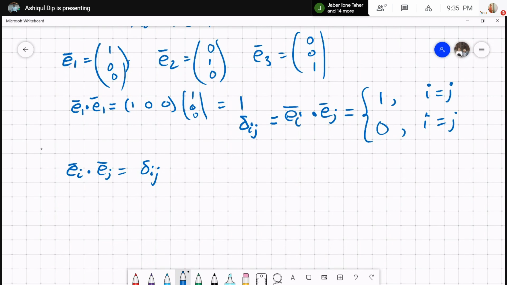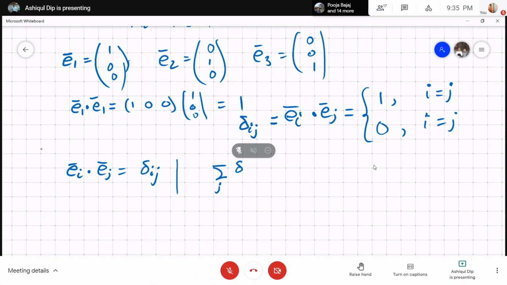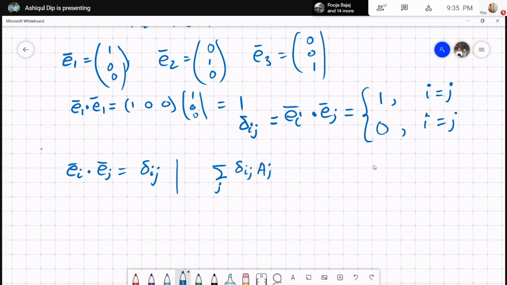Okay, so we can see some operations with the Kronecker delta as well. What happens when you have the sum over j of Kronecker delta ij times A_j? What do you get? I will get A_i. Why?